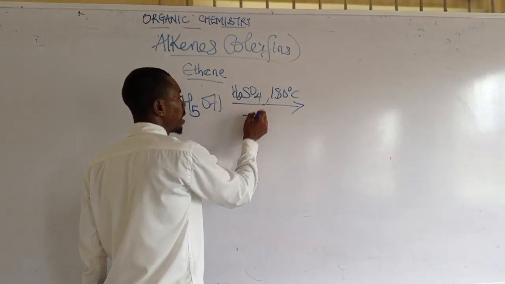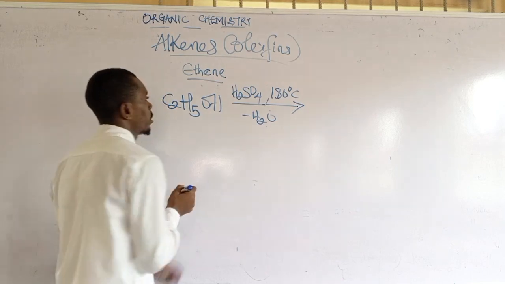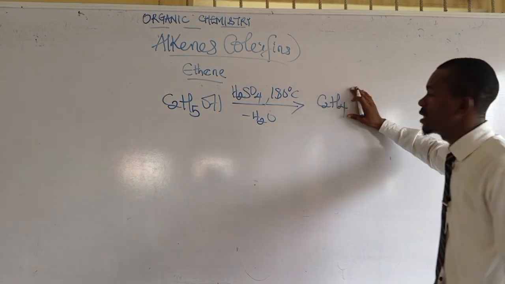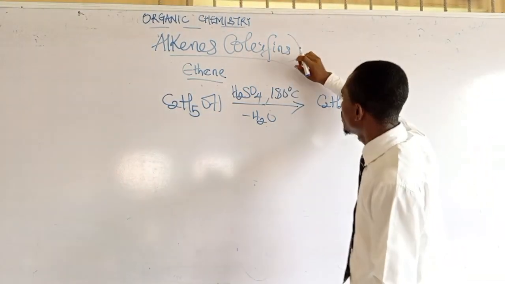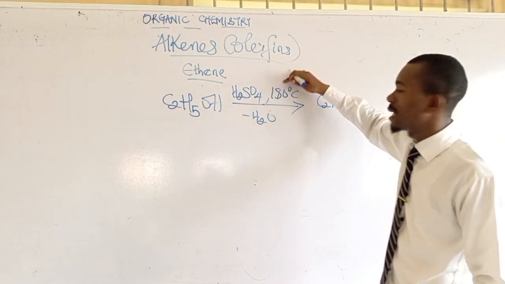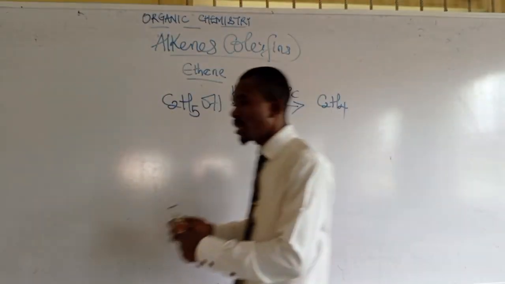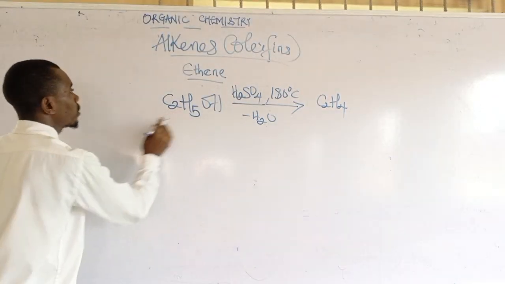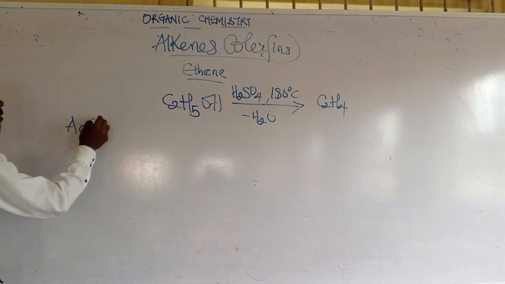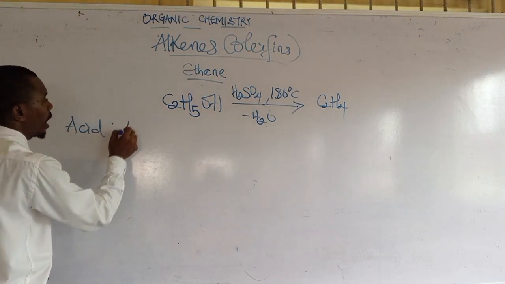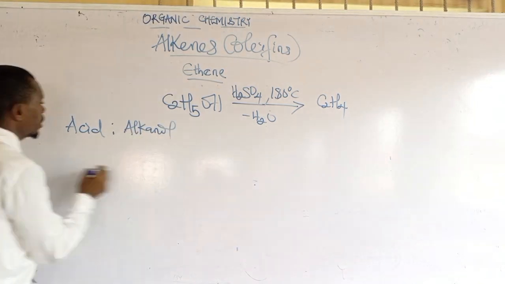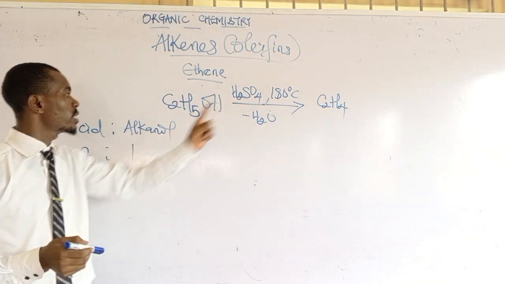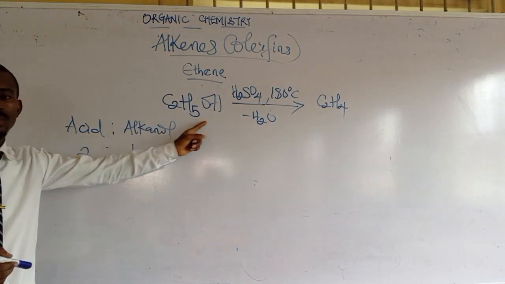The reaction involves removal of a water molecule to form ethene, using H2SO4 as catalyst. In this reaction, the ratio of the acid to the alkanol is 2:1, which means the acid is used in excess of the ethanol.